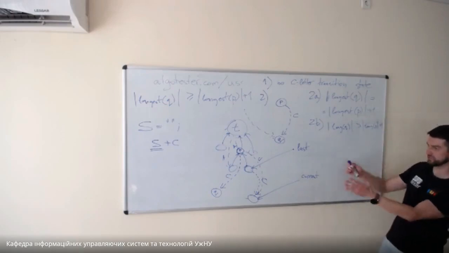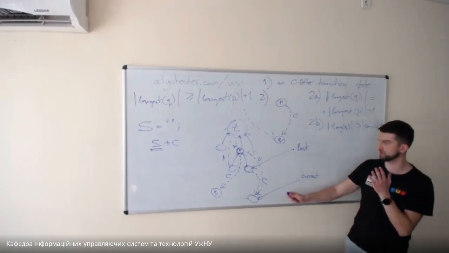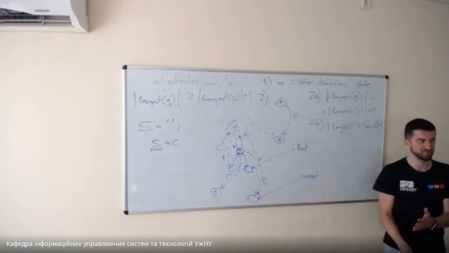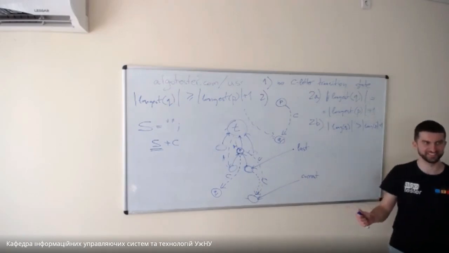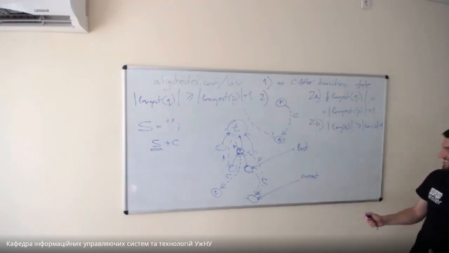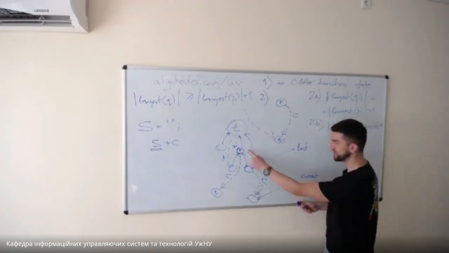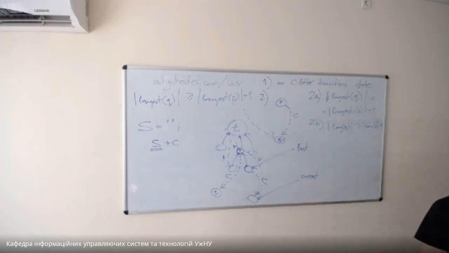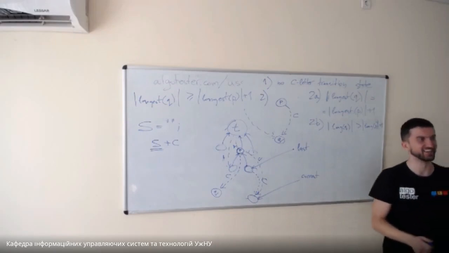Okay, so just make a guess. How to assign a suffix link in 2A? What are the options? We have either P or Q. Let's toss a coin. Let's vote. Q. Okay, Q. Why Q?